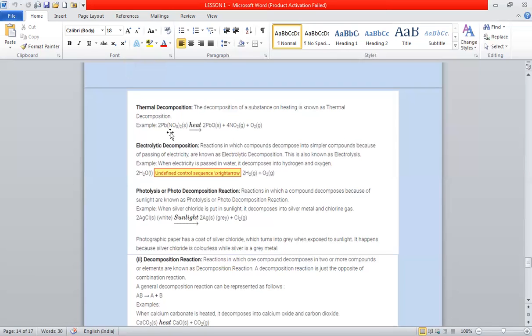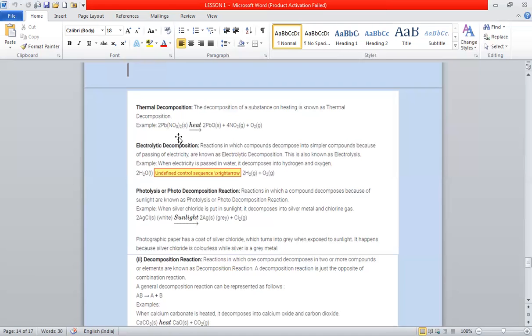When these crystals are taken in a test tube and heated, what happens? First, we hear a crackling sound, which indicates the decomposition reaction. Emission of brown fumes of nitrogen dioxide is observed and a yellow residue of lead oxide is left behind.